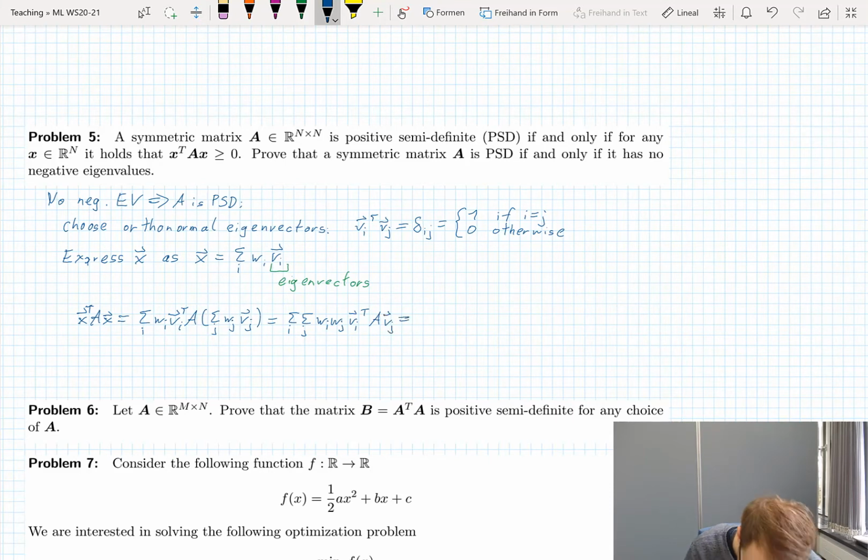Now we know that v_j is an eigenvector, and therefore we can just say this is the same as the eigenvalue, so lambda_j v_j. Right? Now, this is transposed here. Now we can pull out the eigenvalue, and then we see we multiply these two. But they're orthonormal, right? So the result of this is just a Kronecker delta.